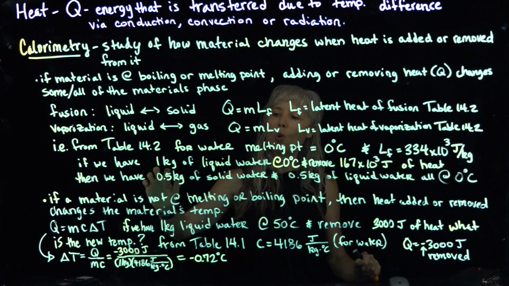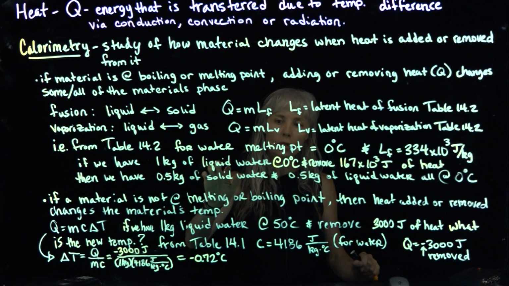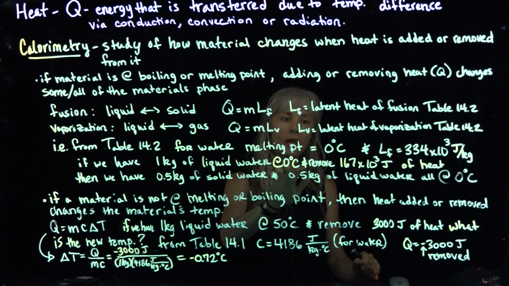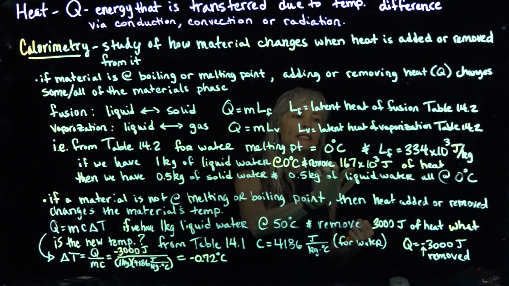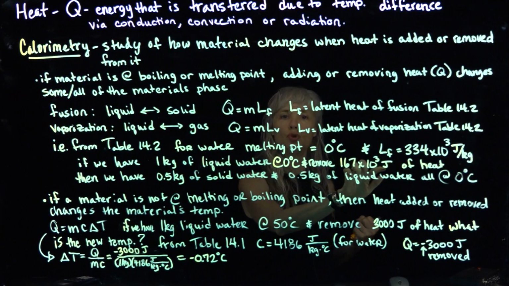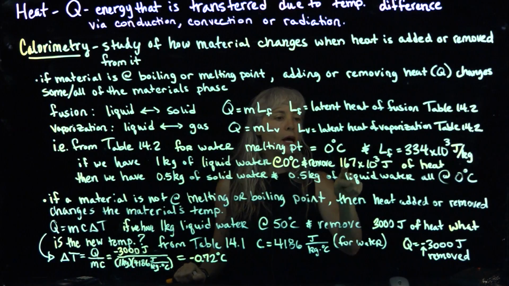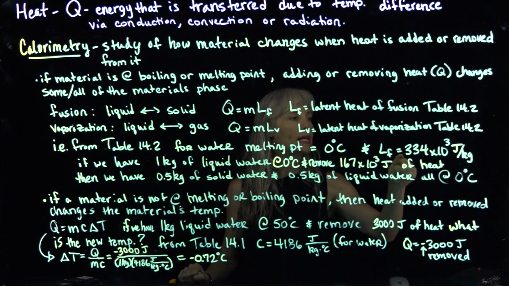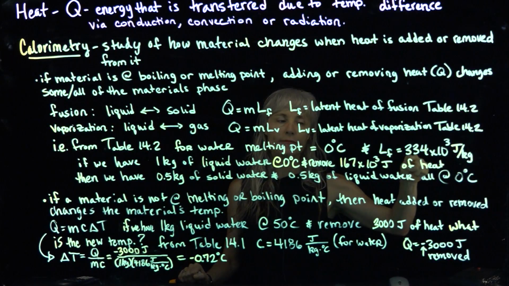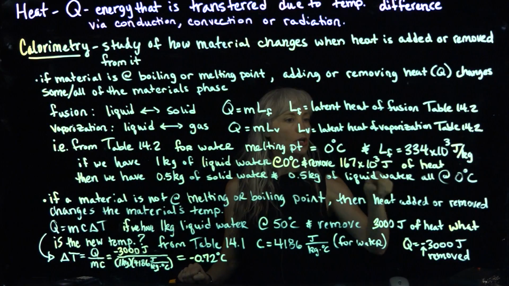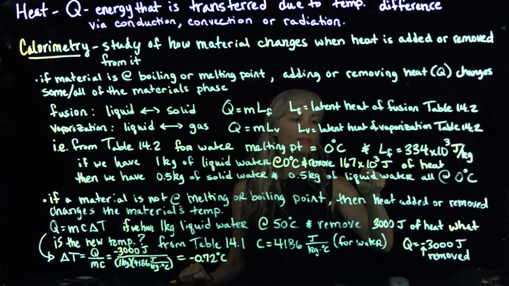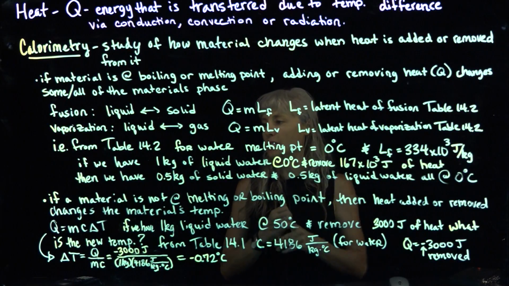So what if we have 1 kilogram of liquid water at 0 degrees C, so it's at the melting point, and we pull out from this 1 kilogram of water 167 times 10 to the third joules. Notice that 167 times 10 to the third joules is exactly half of the 334 times 10 to the third joules per kilogram. So we're removing 167 times 10 to the third joules of heat energy.